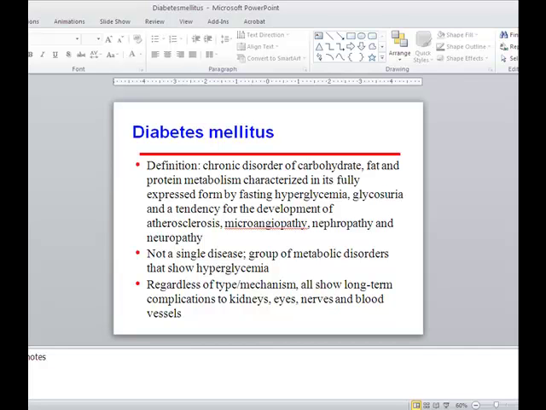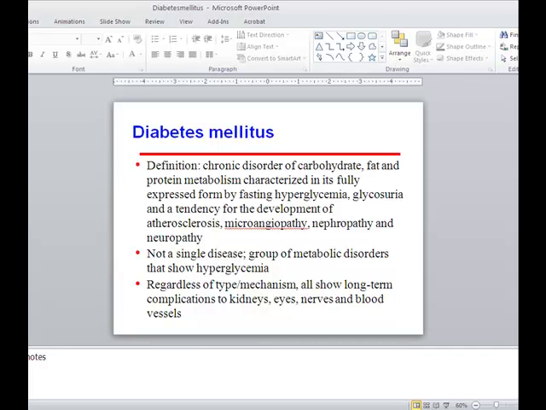It's characterized by glycosuria, or presence of glucose in the urine, and the tendency to develop different systemic complications like atherosclerosis and microangiopathy, which are all features of the blood vessels. We'll get into some of these. Nephropathy, where the kidney function is affected, and neuropathy. The nerves are affected, the nervous system is affected, both the central and the peripheral nervous system.